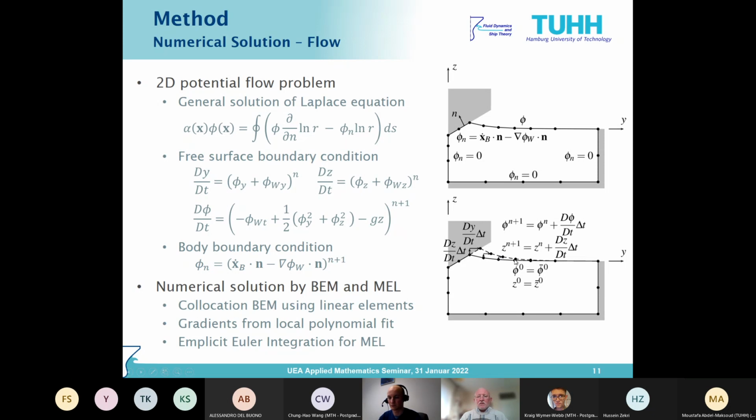I assume half of the difficulties in implementing this technique are related to that intersection point, because outside of that point everything is more or less clear. You just move the point and update the potential at that point.